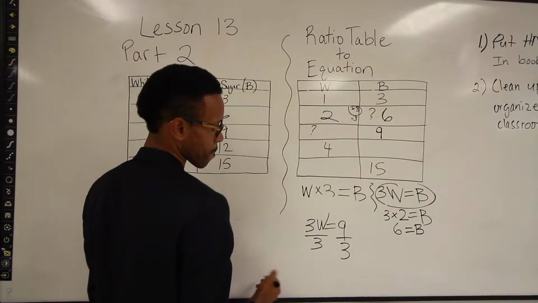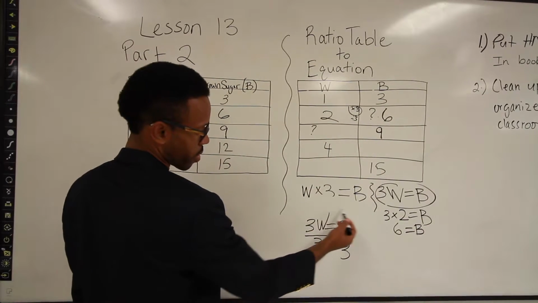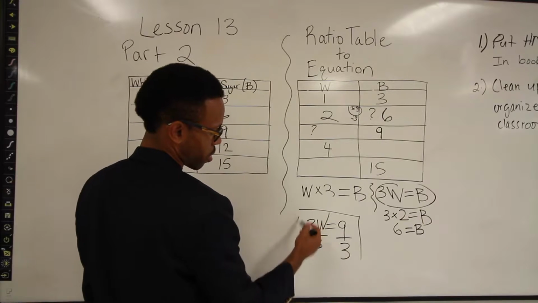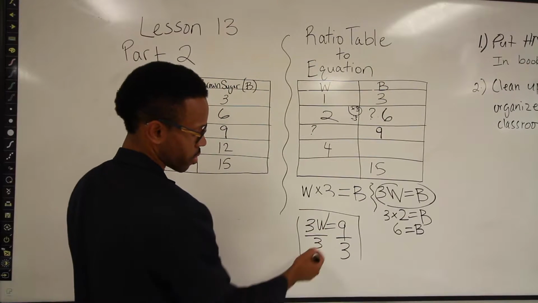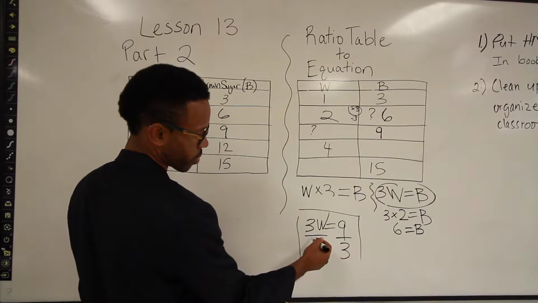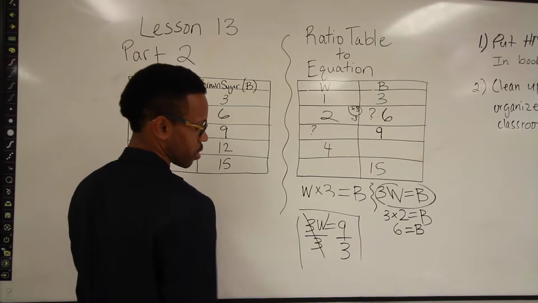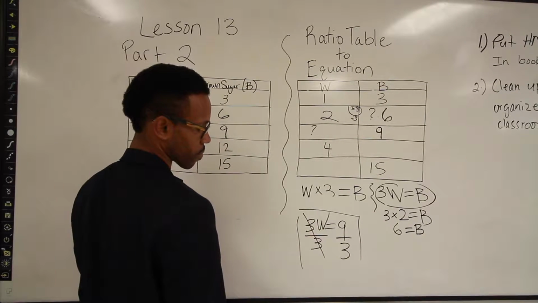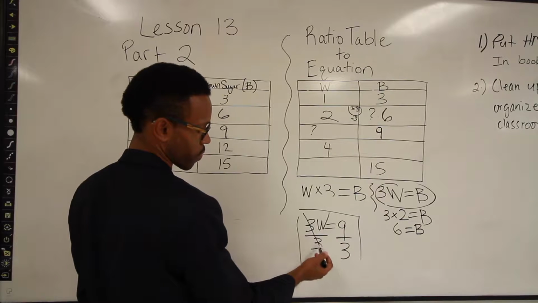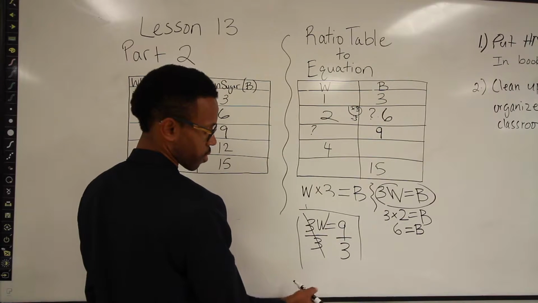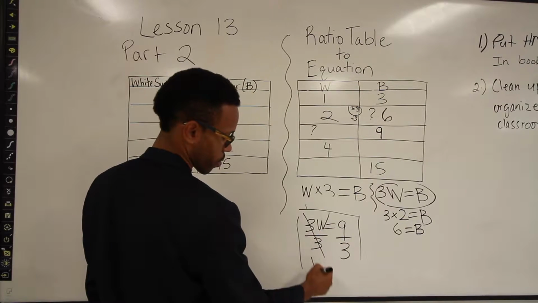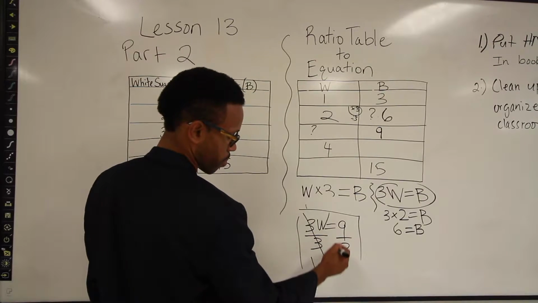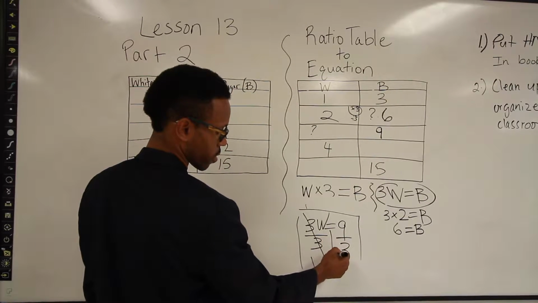If I have this information, I need to get this information. I'm dividing now. Okay? Just seen right here in our equation. So when I divide by 3 here, those are going to cancel out, right? Because 3 divided by 3, they both cancel each other out. And now I'm just left with W. I'm bringing down the equal sign.